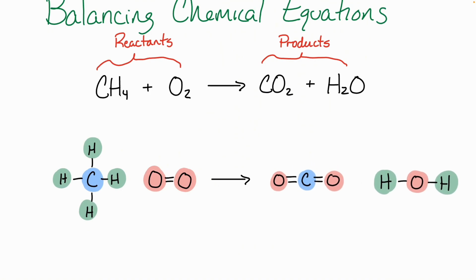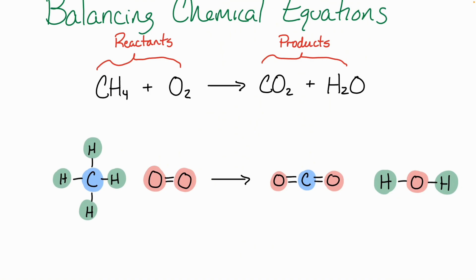We've got a balancing issue here. You can't just create atoms out of nothing. Atoms can't just disappear into nothing. That's not how matter works. So the same number of carbon atoms have to appear on the left as on the right. The same number of hydrogen atoms have to appear on the left and on the right. And the same number of oxygens have to appear on the left and on the right. That's what we call balancing our chemical equation.